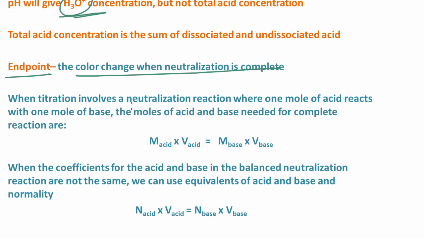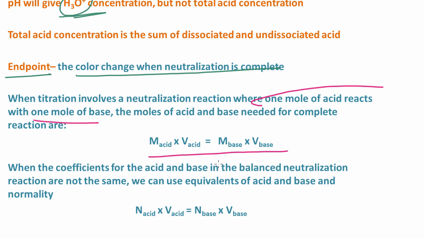So anyway, when a titration involves a neutralization reaction where there's a 1-to-1 mole ratio of acid to base, then if I know the molarity of the acid, the volume of the acid, and let's say I know the molarity of the base, I can determine the volume of base needed. Or again, if I know any three of these parameters, I can determine the fourth.